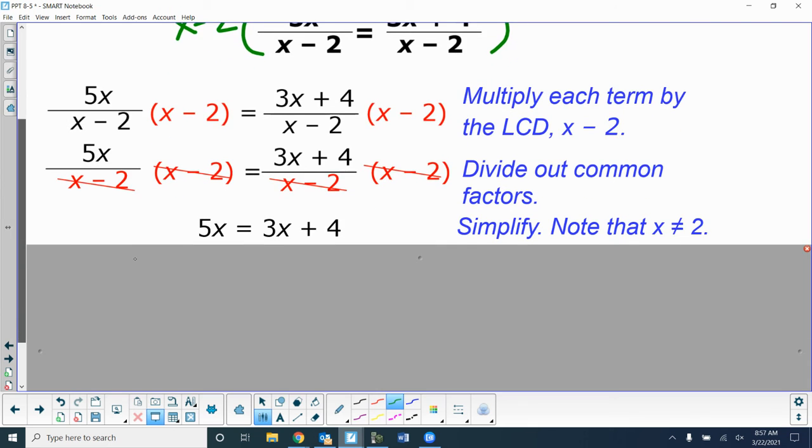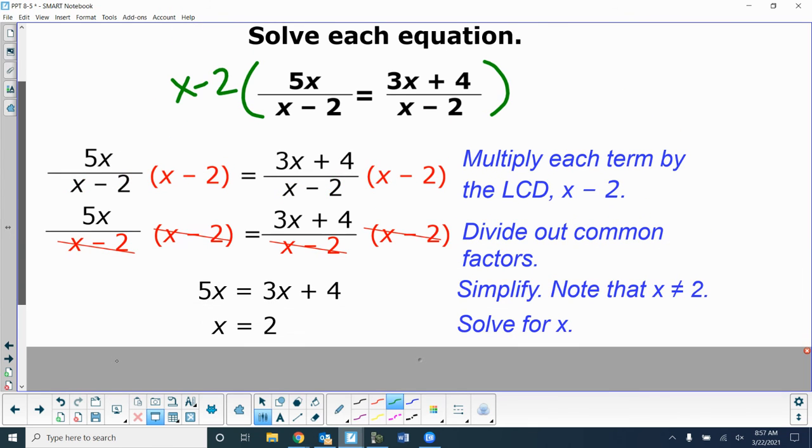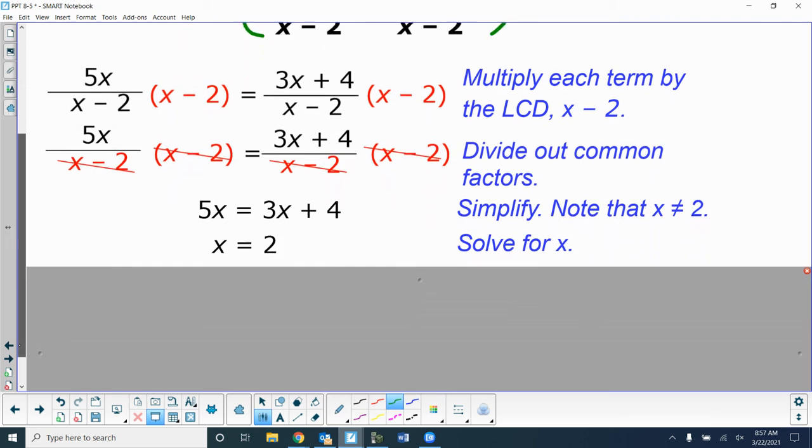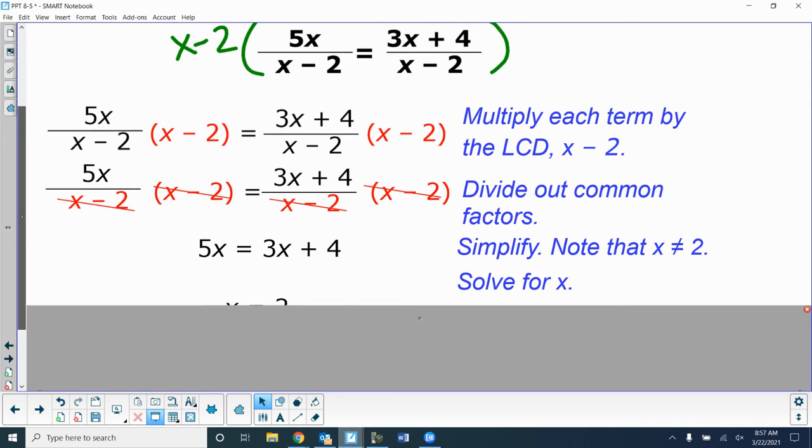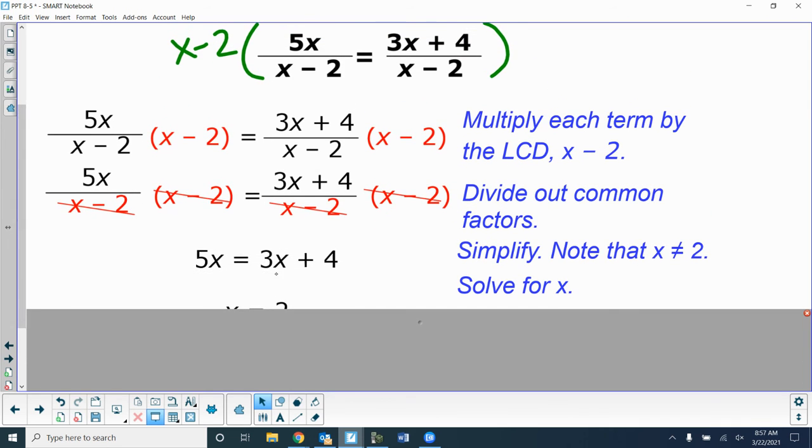Subtract 3x, move it over to the 5x. They didn't show that. All right, let's do this. Move this down a little bit. So I'm going to move it back up so I can write it. Okay.